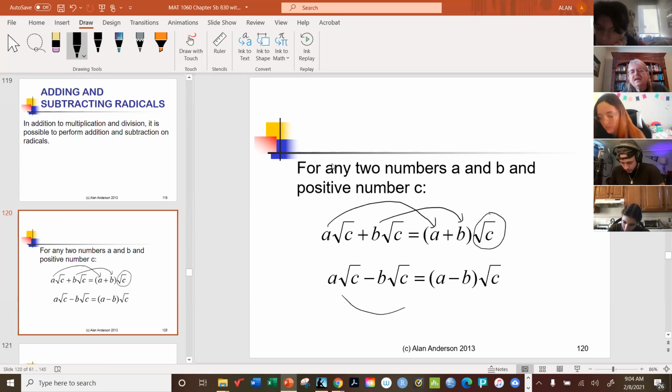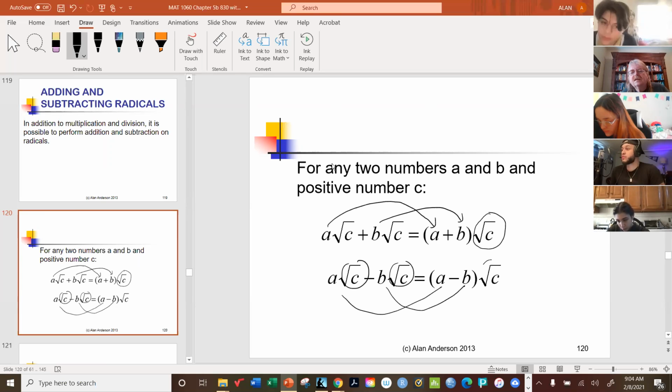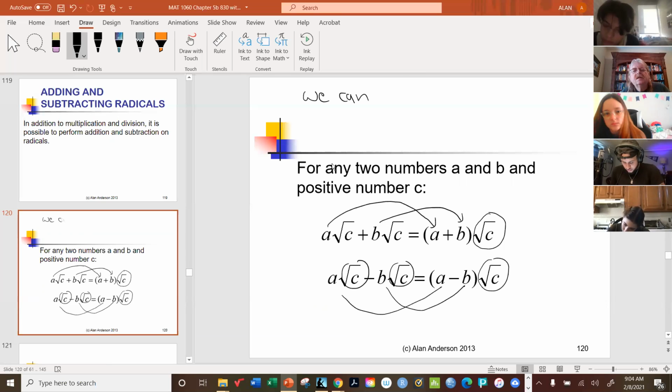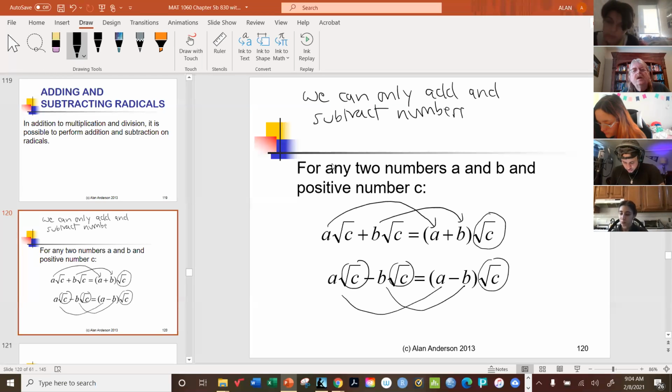It's now A minus B. And they both have the same radical. Now, the reason why that matters is because we can only add and subtract numbers with the same radical.